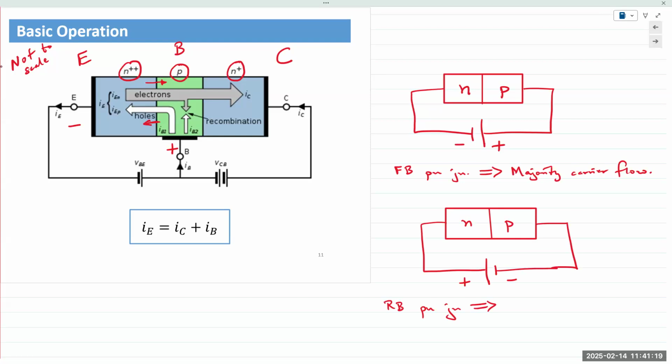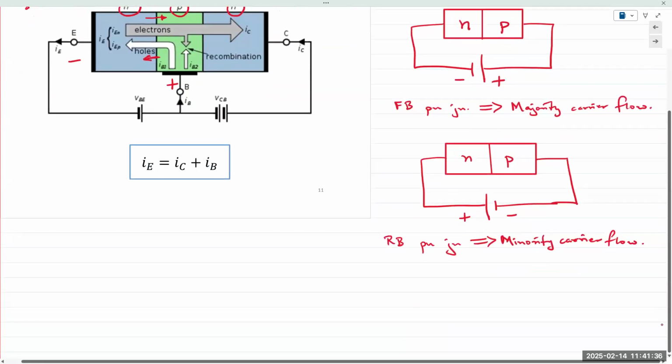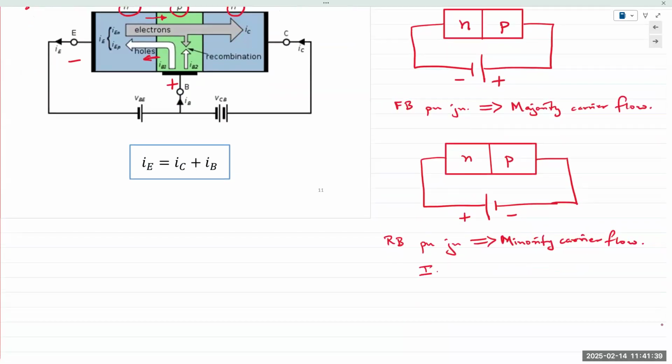And that current flow is due to, well, yes, minority charge carriers. And the name of this current is the reverse saturation current, or IS. And it's small because it's due to the minority carriers, and as the name suggests, the sheer volume of minority charge carriers is very low. Hence, the resulting saturation current is very low.